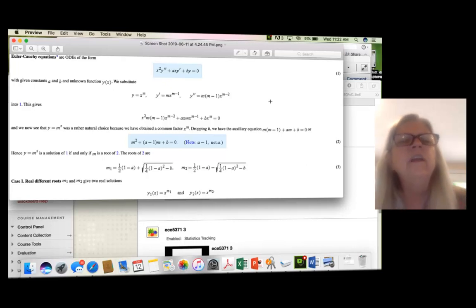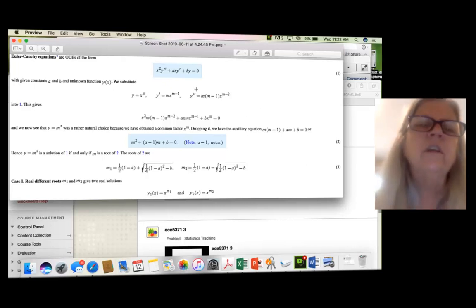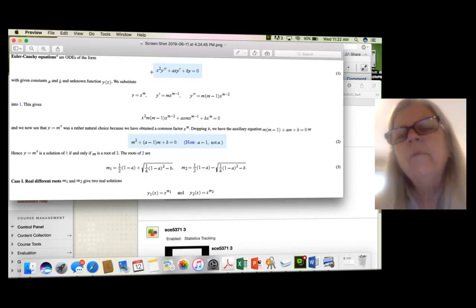The Euler equation is an ordinary differential equation of a specific form shown in equation 1, where there is a second derivative in y, multiplied by x squared. The coefficient of the first term has been divided out so that the second term will have a coefficient of a, and the third term will have a coefficient of b.